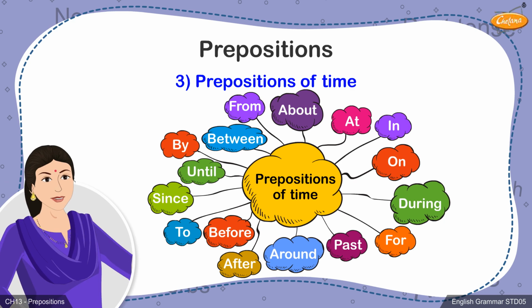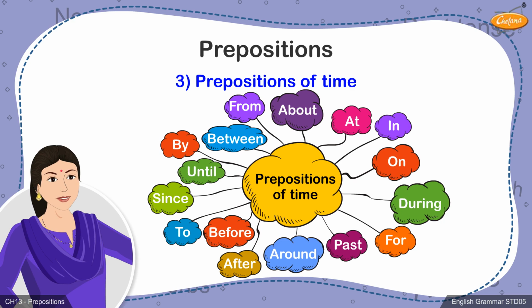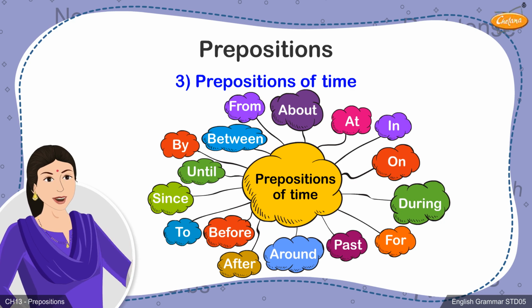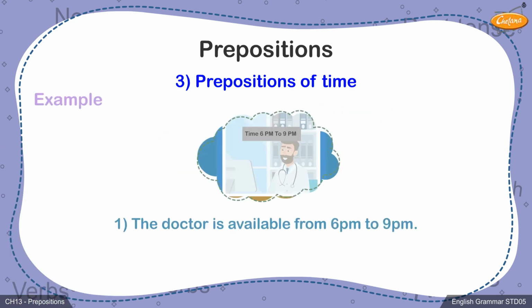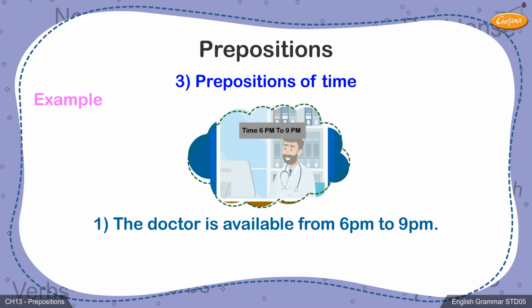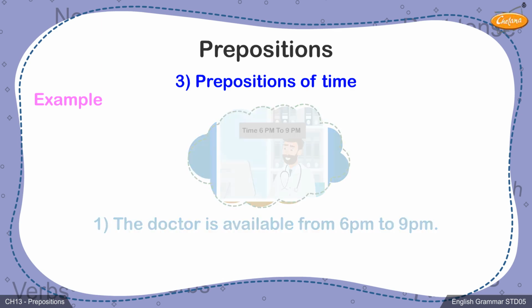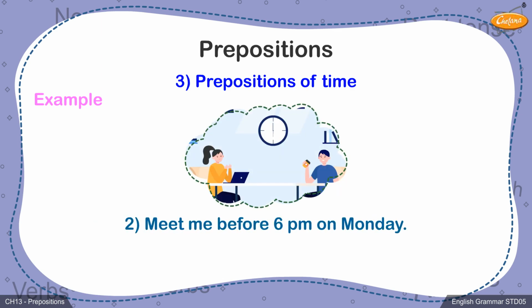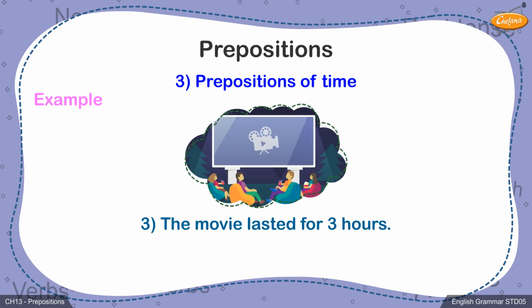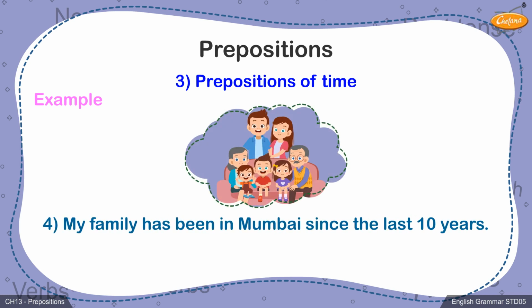Let's use some of these prepositions in sentences and understand how they show the relationship between nouns in terms of time. 1. The doctor is available from 6 p.m. to 9 p.m. 2. Meet me before 6 p.m. on Monday. 3. The movie lasted for 3 hours. 4. My family has been in Mumbai since the last 10 years.